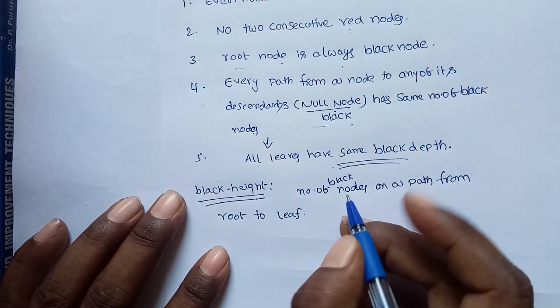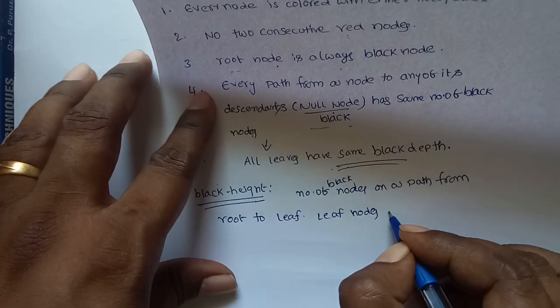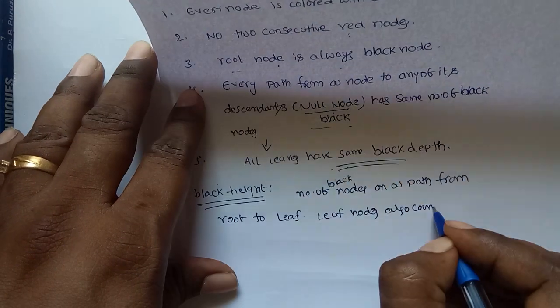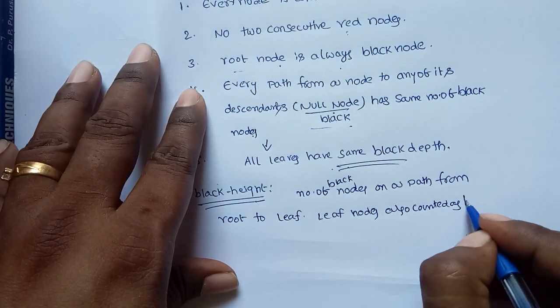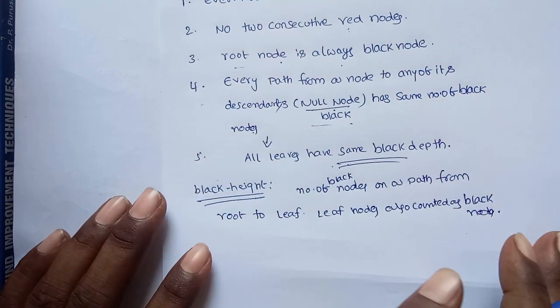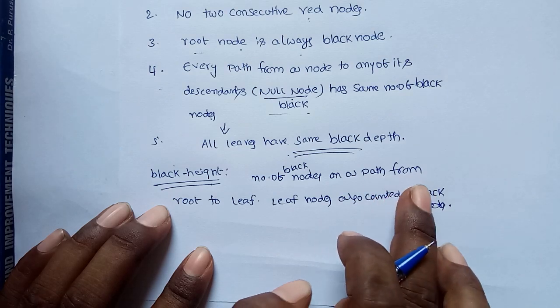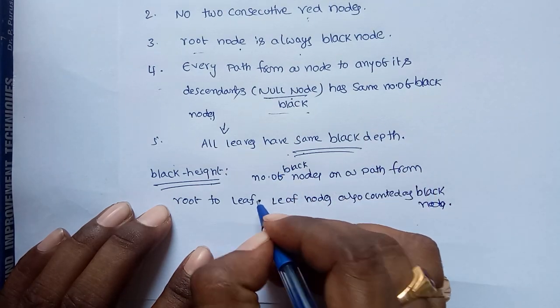Here leaf nodes are also counted as black nodes. Remember, leaf nodes are external nodes, also counted as black nodes. This is the black height. Black height is the number of black nodes on a path from root to leaf.